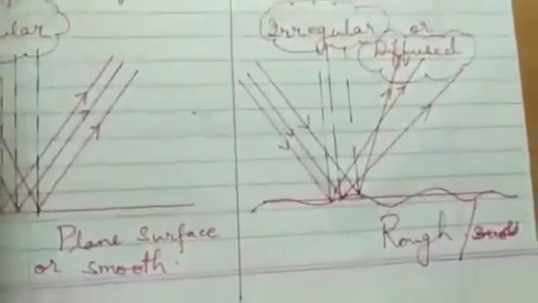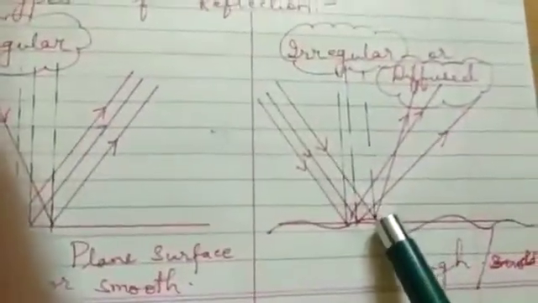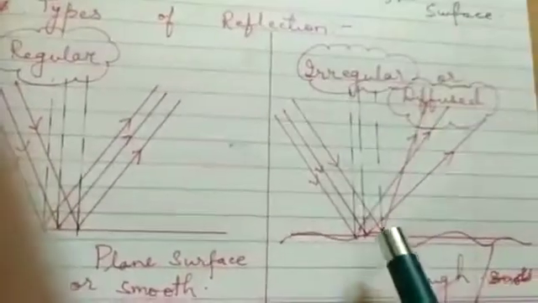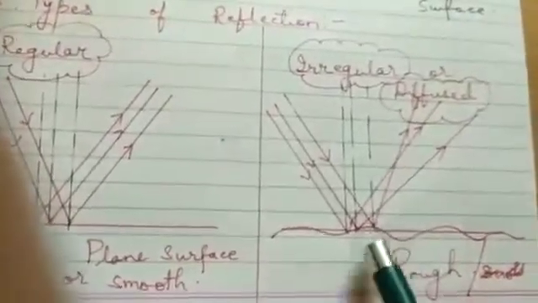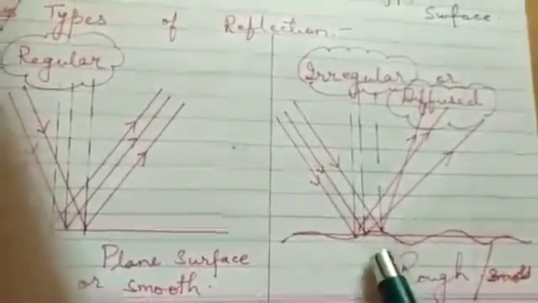If they are not parallel, that means we can see objects clearly. For example, we read books and newspapers, or we see each other, or the different objects kept in your room. You can see those objects with the help of irregular or diffused reflection.